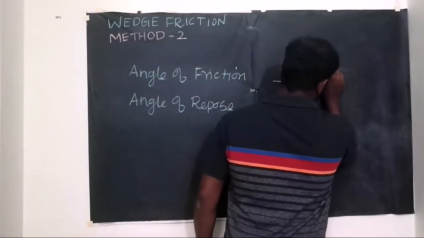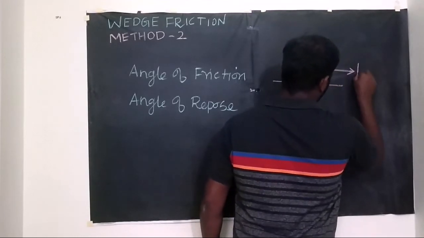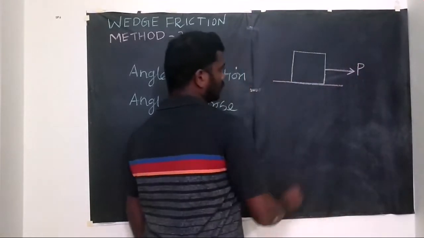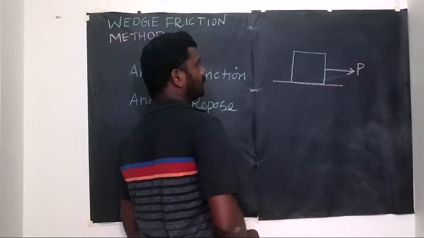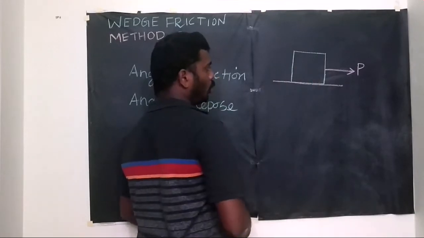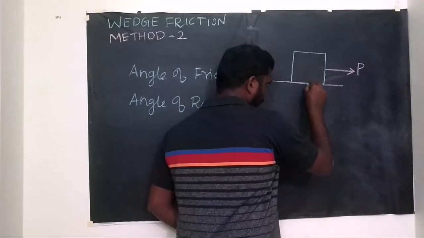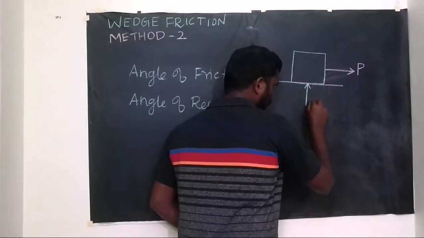This is my external force P applied in this direction. This is the applied load P. Then this horizontal floor exerts some normal reaction force on this block to keep it in equilibrium. This is my normal reaction force N.